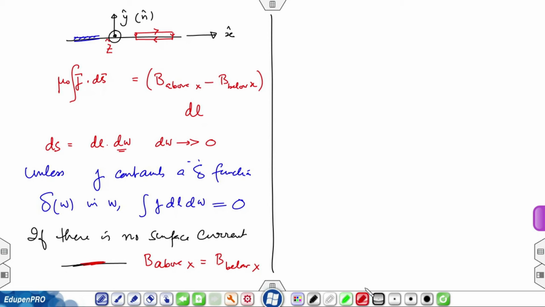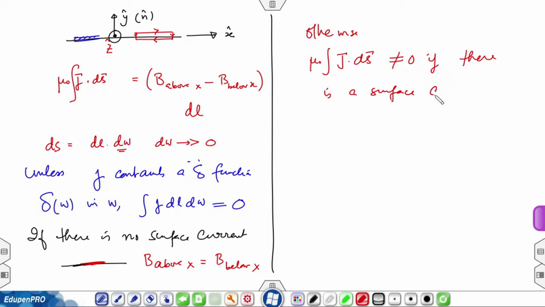Otherwise, I am going to have integration mu 0 j dot ds not 0 if there is a surface current, and if surface current is there, then J can be written as some K vector delta w.